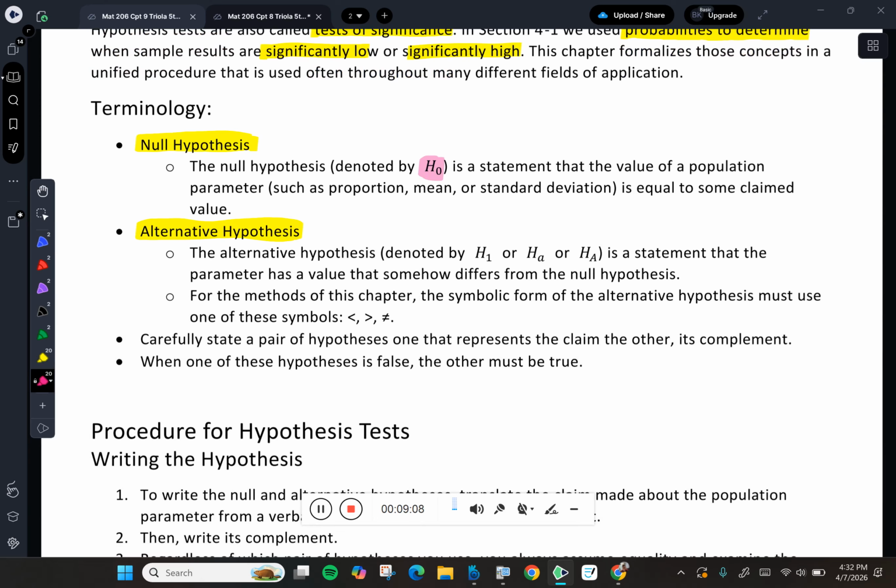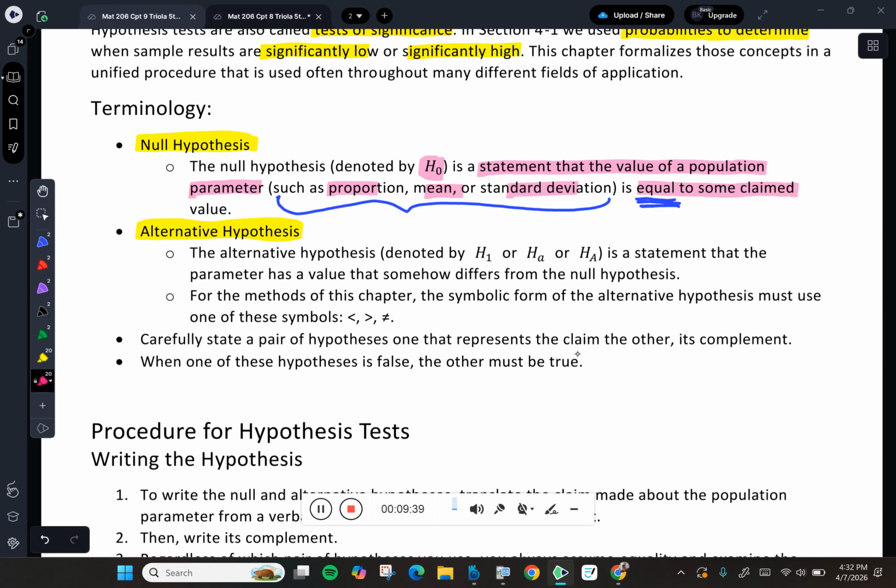The null hypothesis is a statement about the value of that population parameter, whether it be a proportion, a mean, or a standard deviation. And it is a statement that says the population parameter is equal to some claimed value. So a null hypothesis is a statement of equality about a population parameter.